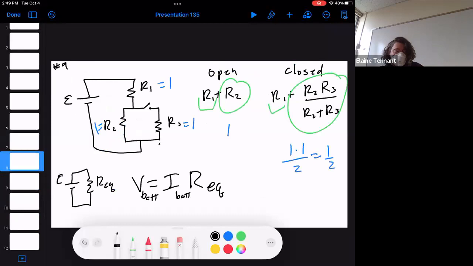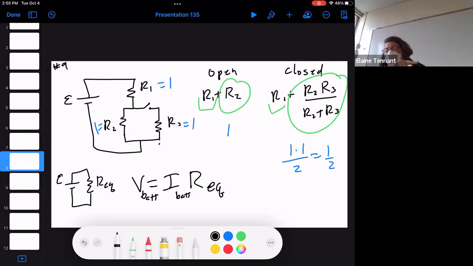Okay, will the current through R2 be the same as the current through the battery? I like the no, right? How about R1? Just knowing the equivalent resistance and the battery voltage, we can figure out the current through the battery, and we can figure out the current through R1.